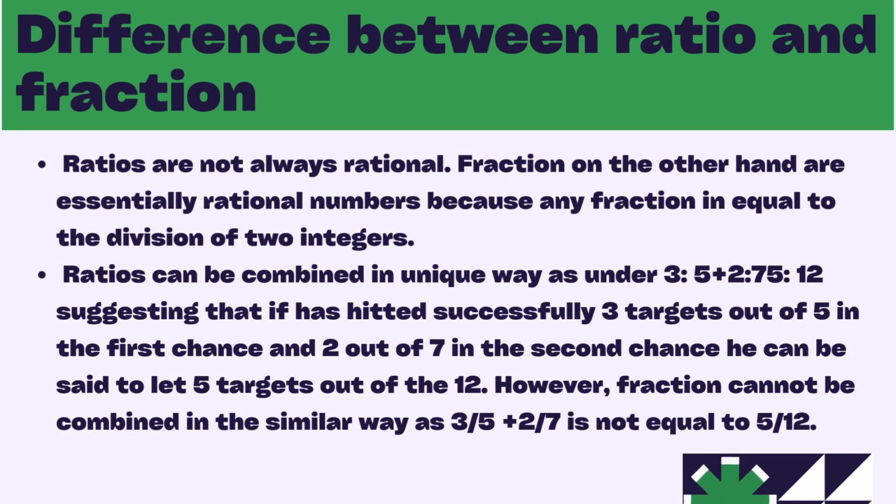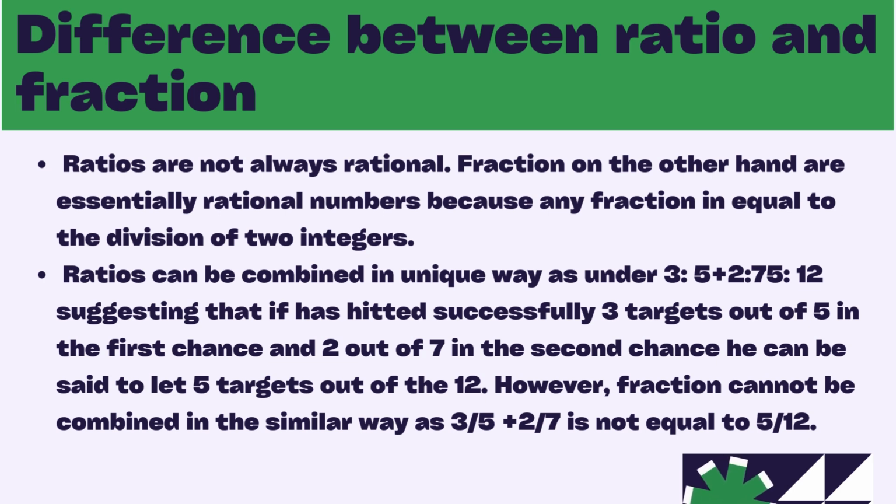The last is that ratios can be combined in a unique way, as 3 is to 5 plus 2 is to 7 gives 5 is to 12, suggesting that if he has hit successfully 3 targets out of 5 in the first chance and 2 out of 7 in the second chance, he can be said to have hit 5 targets out of 12.